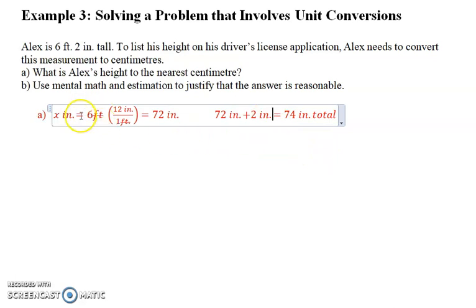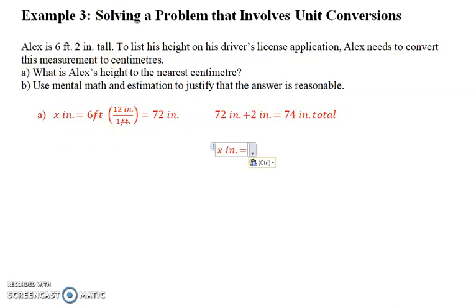Now what we'll do is we'll change the inches to centimeters on the next line. So we'll do unit analysis once again. And we know that x, so we put our unknown centimeters, is equal to 74 inches. We're going to multiply that by our conversion factor.